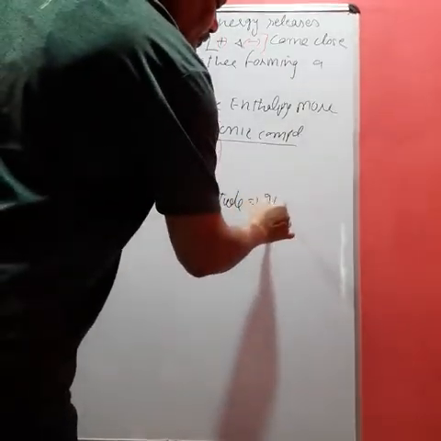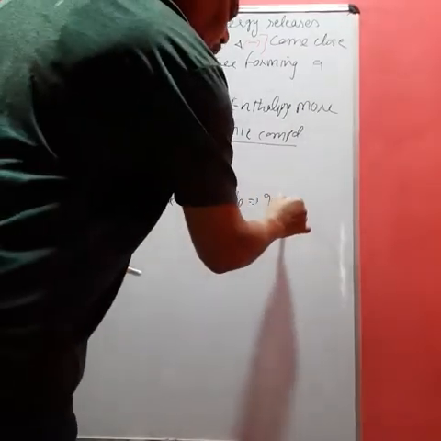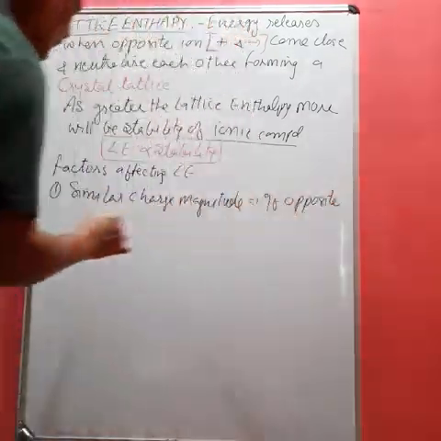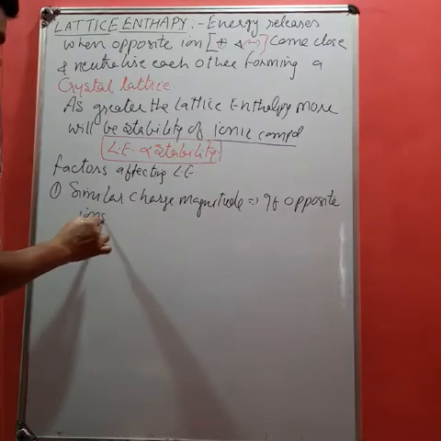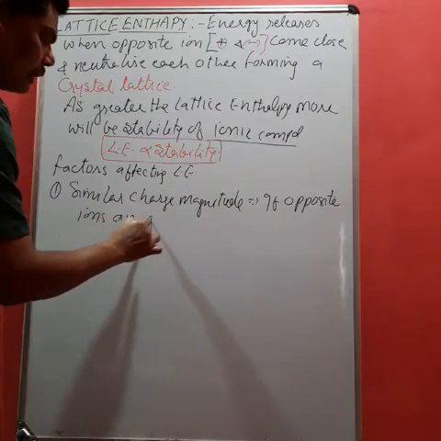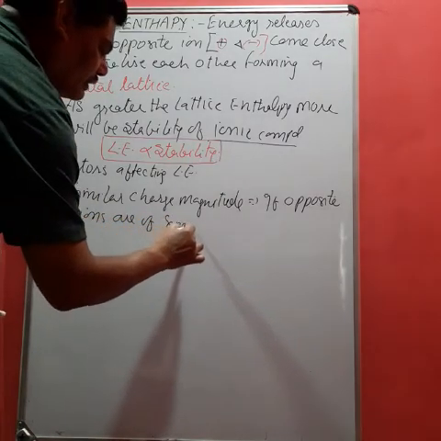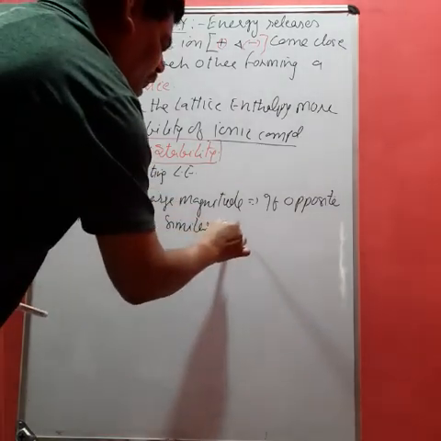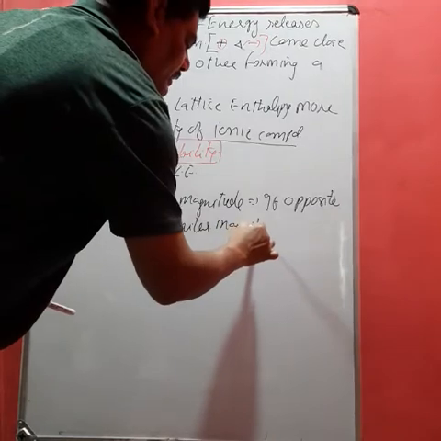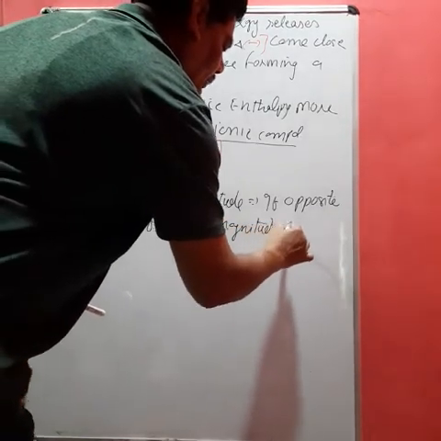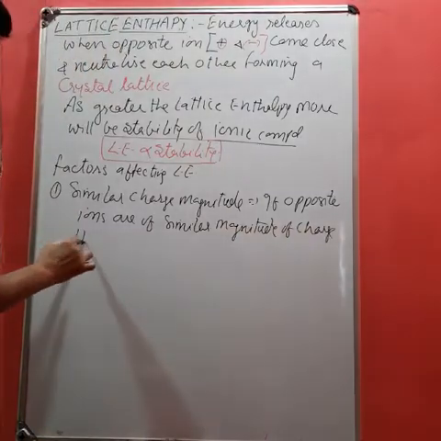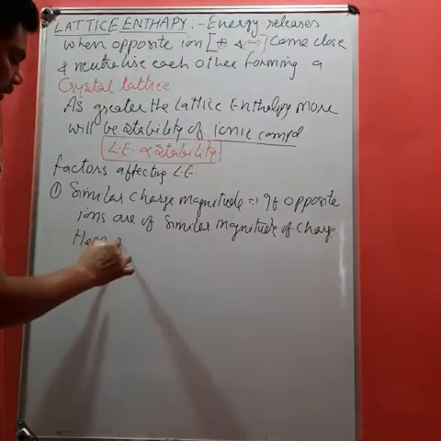If opposite ions are of similar charges, that is similar magnitude of charge, then more will be the lattice enthalpy.